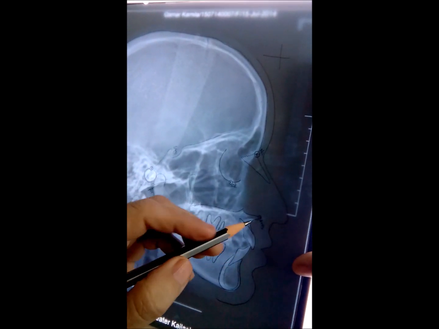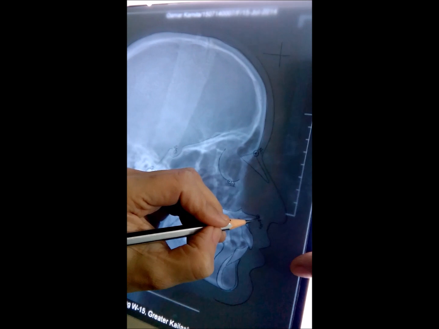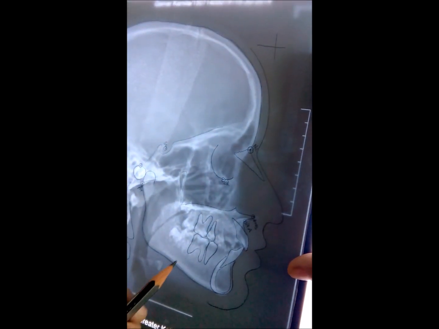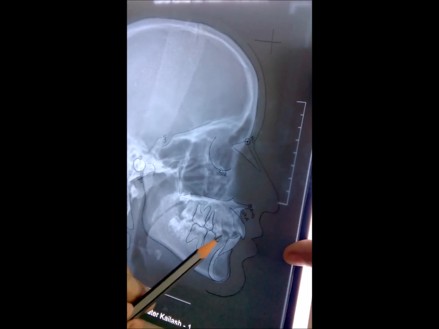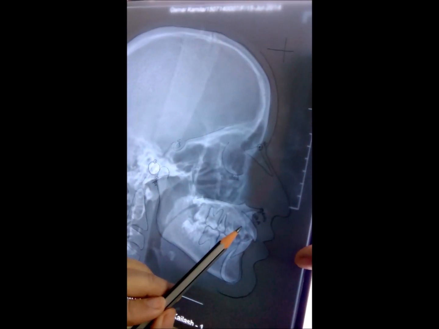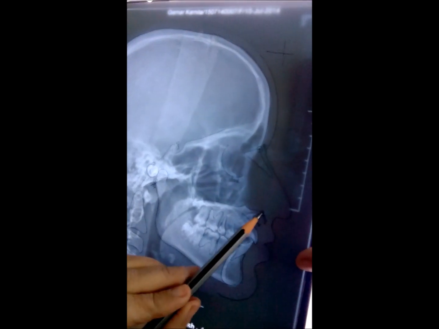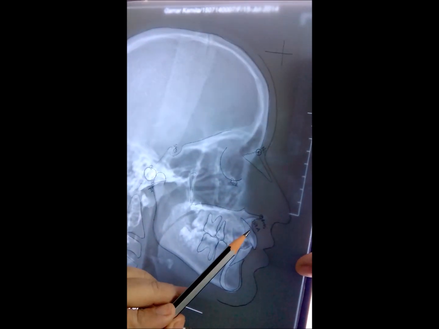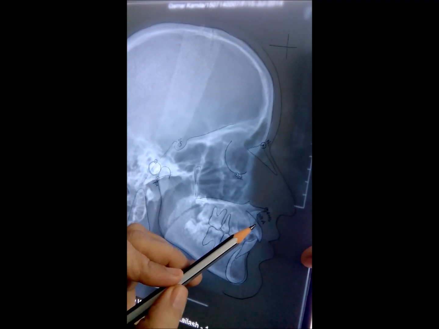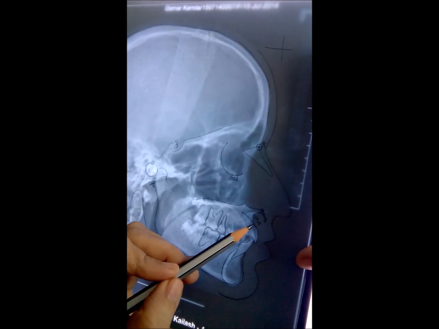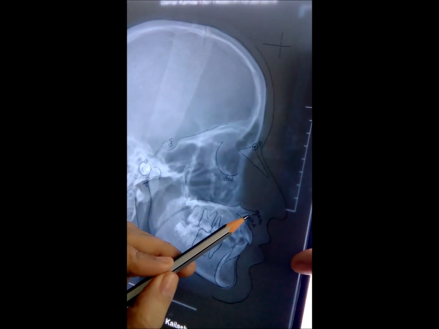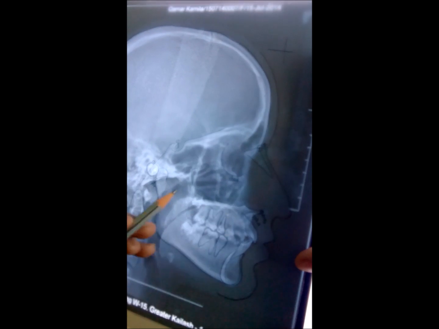Then the subspinale or the point A. This is the point A. The most posterior midline point in the concavity between the ANS and the prosthion, which is the most inferior point on the alveolar bone overlying the maxillary incisors. So you see this deep concavity? The deepest point here is point A.